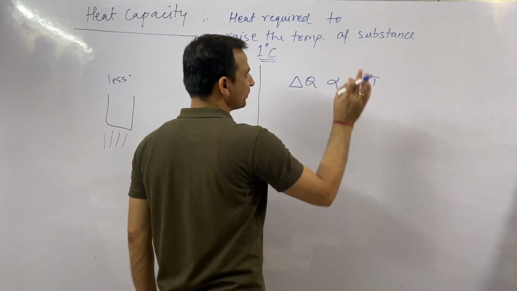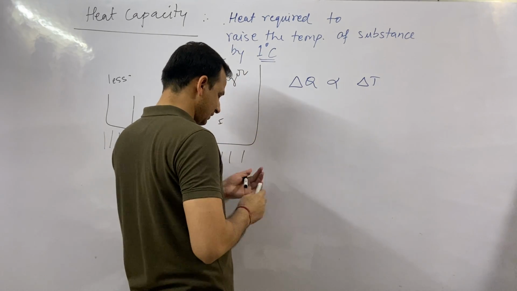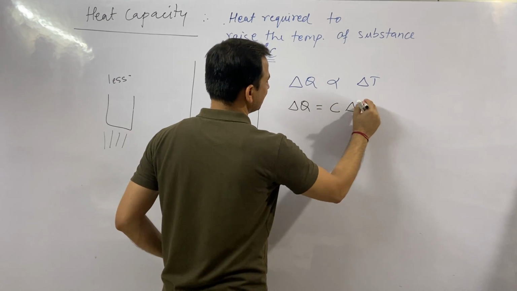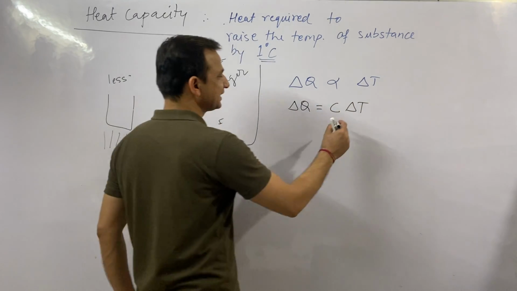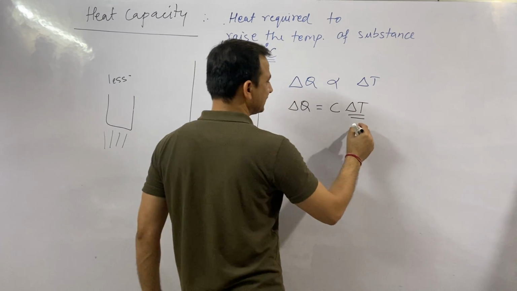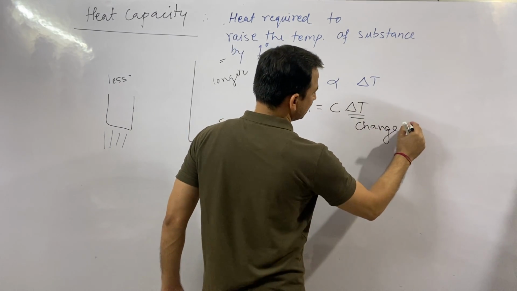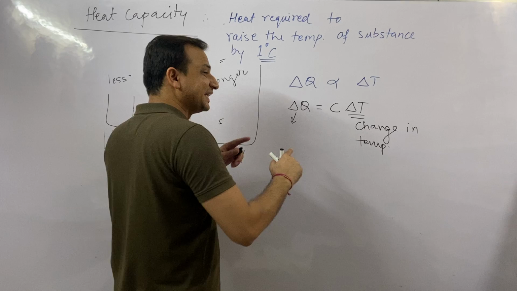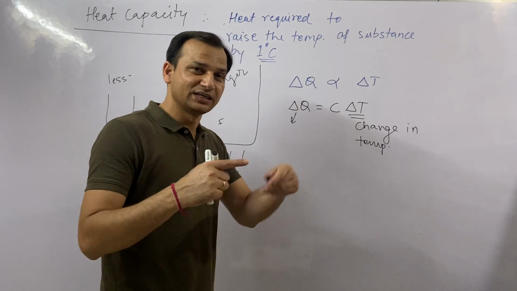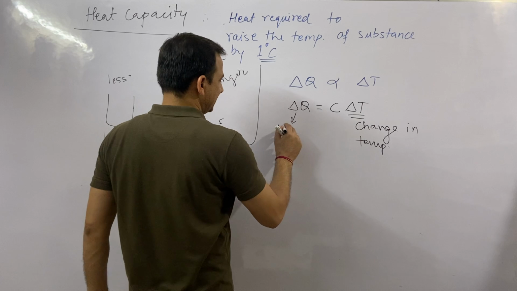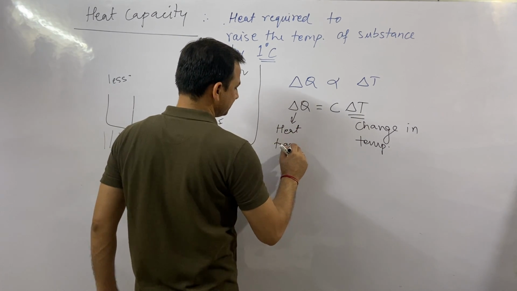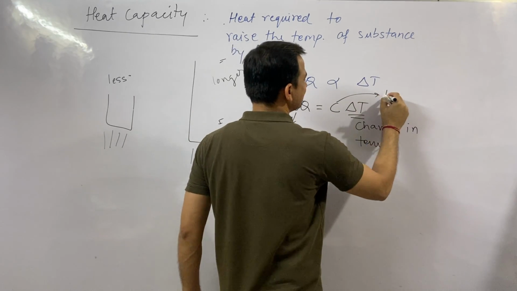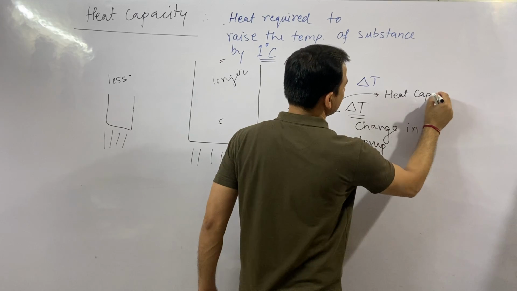Or we can write delta Q is equal to C into delta T. Delta T is the change in temperature, delta Q is the heat transferred, and C is called the heat capacity.